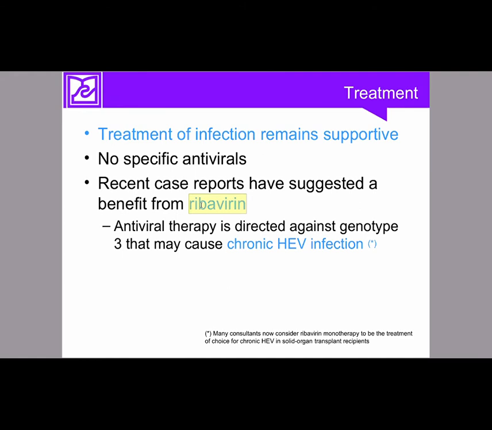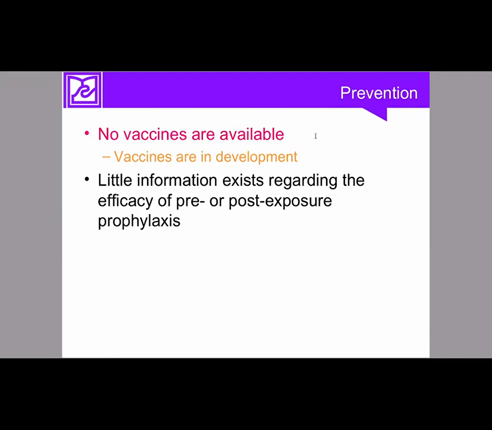Ribavirin is an antiviral that we explained in the self-learning topic 5, and this may be useful for patients with solid transplants that are chronically infected with hepatitis E. Okay? But the general rule is to treat only symptomatically. We don't have any vaccine, but vaccines are in development.